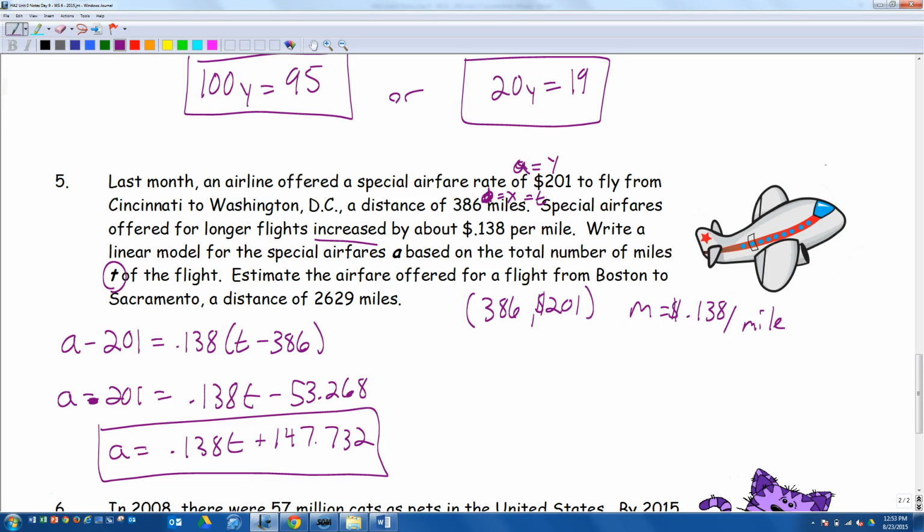So let's look at this last part. It says estimate the airfare A if you go from Boston all the way to San Francisco, which is 2,629 miles. So we're going to just plug that in for our t. We want to know how much it costs when we fly 2,629.